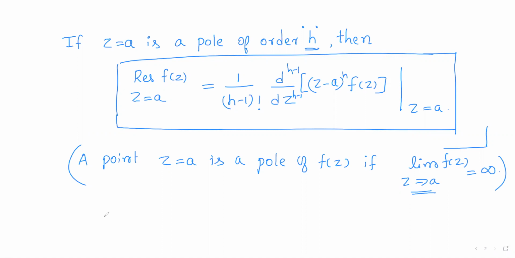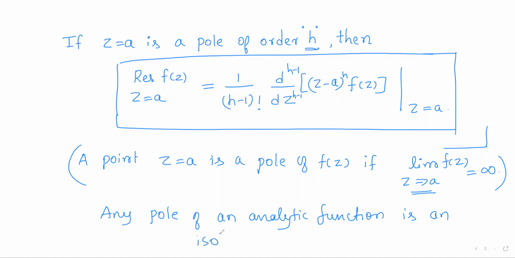Now any pole of an analytic function is an isolated singularity. We have noted it because a pole is a type of isolated singularity.